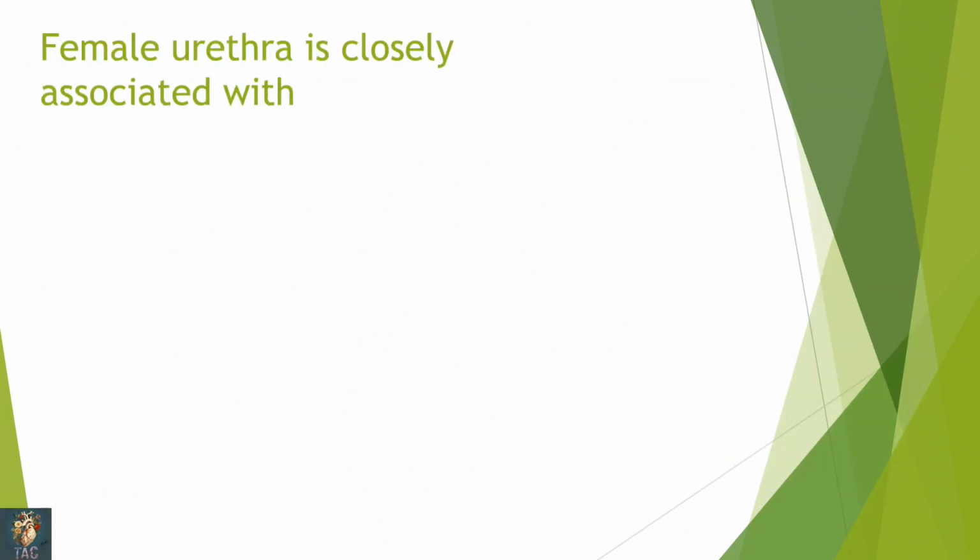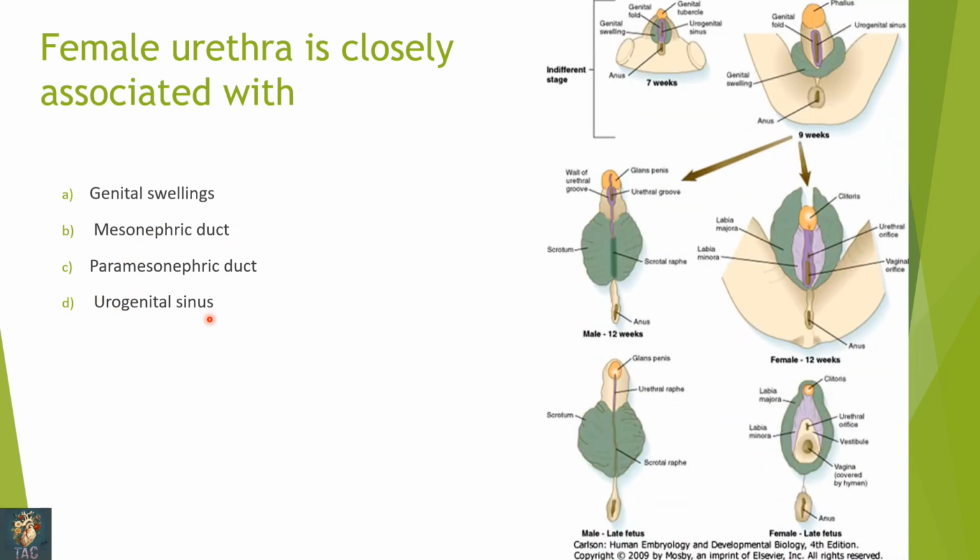Next, the female urethra is closely associated with the genital swelling, the mesonephric duct, the paramesonephric duct, or the urogenital sinus. So in this diagram you can see that this one is that of the male, and here you can see the areas which are forming the female genitalia. In the center you can see the urogenital orifice.